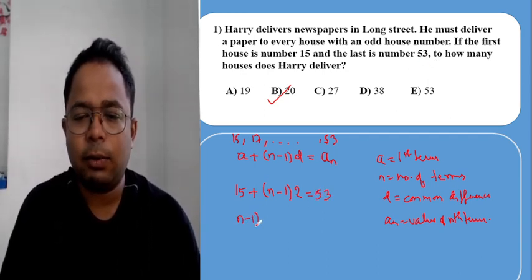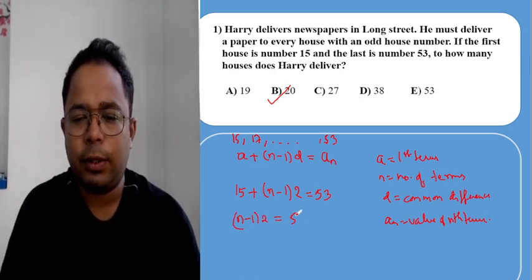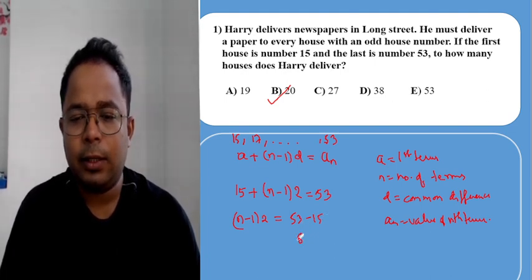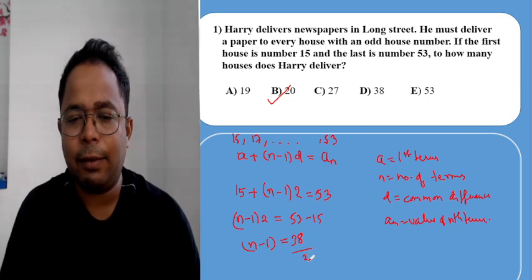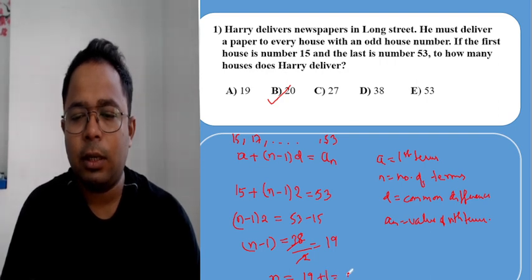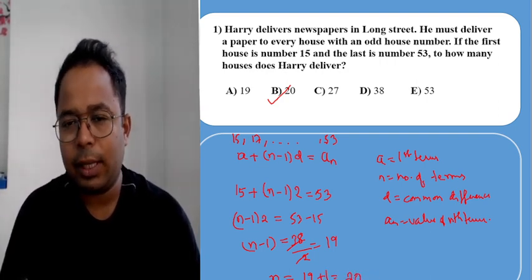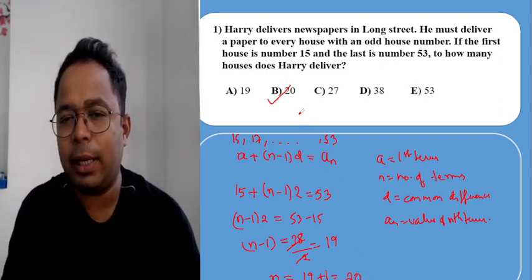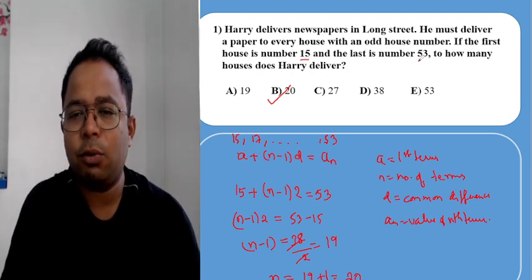So n minus 1 into 2 equals 53 minus 15, that gives 38. So n minus 1 is 38 divided by 2, which is 19. So n is 19 plus 1, that's 20 terms. That means 20 houses from 15 to 53.